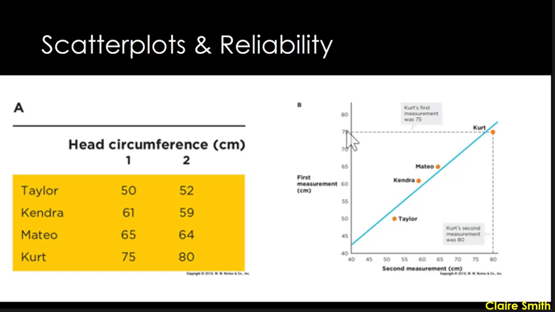Because if you have 75 on the first one, 75 on the second one, which is what you would want, them to be exactly the same. If you have good reliability, then you would follow the line exactly. Okay, so these are bunched pretty close to the line. So this is showing that the retest, the measurement number 1 and measurement number 2 were accurate. So your retest reliability would be good.